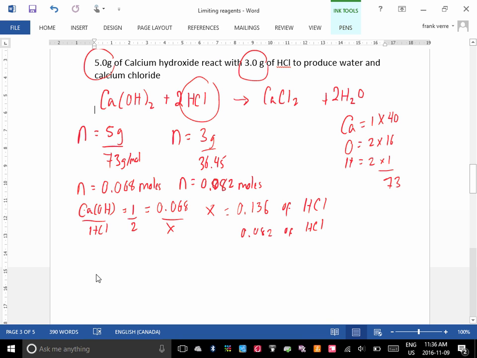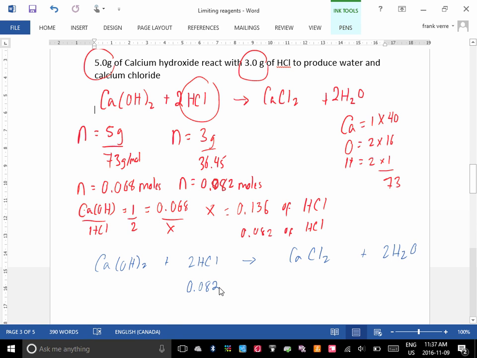So if I was to write this out, I'm just going to rewrite it: Ca(OH)2 plus 2HCl gives me CaCl2 plus 2H2O. We know now that HCl is the limiting reactant, so we're going to use up all of it.